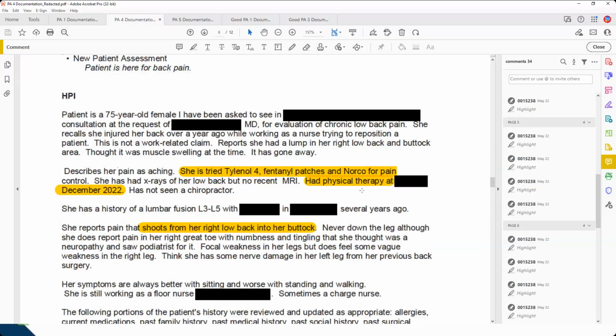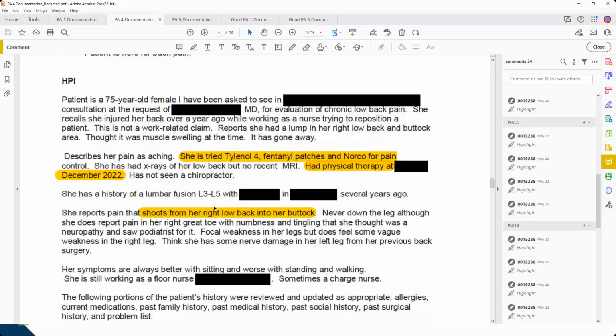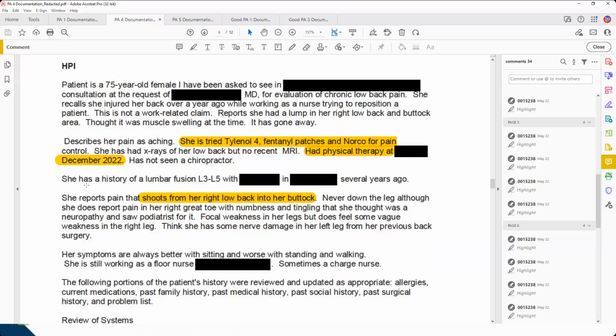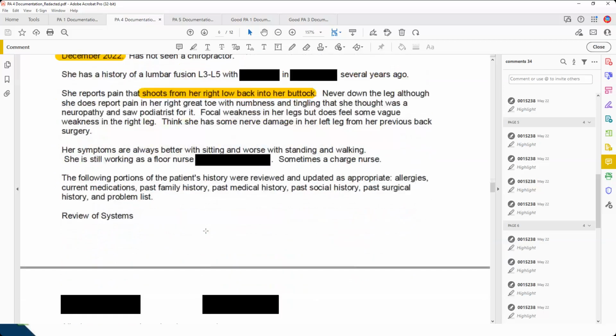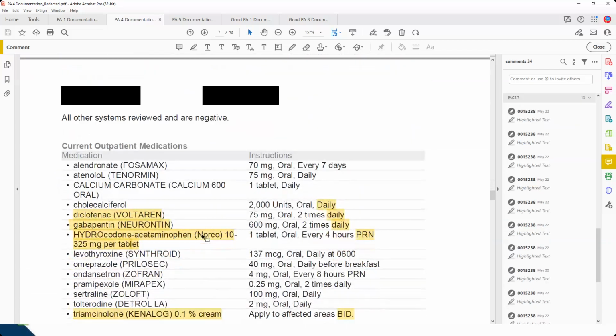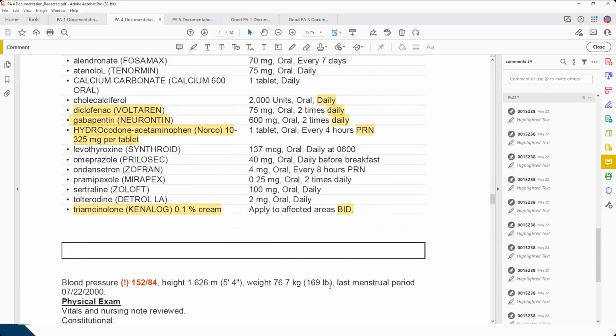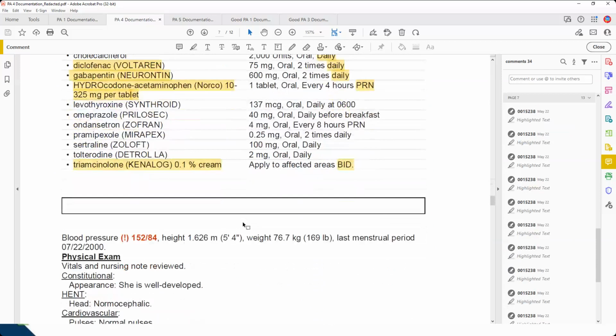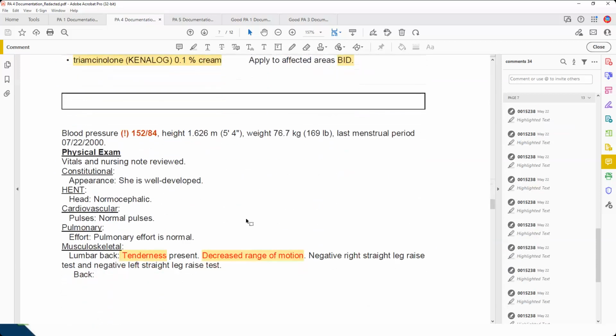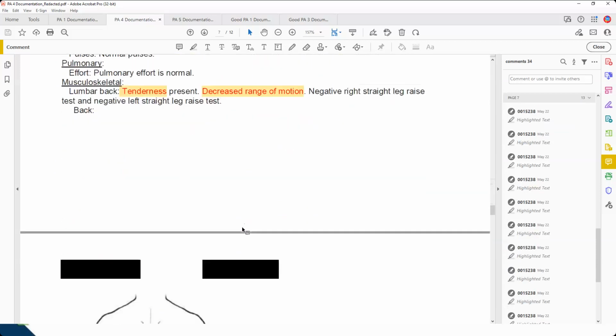She had physical therapy in 2022. Again, a history of fusion, L3 to L5, and more description of the pain and how it shoots. And then we also can see we have information about medications that she's taking to help with the pain too.